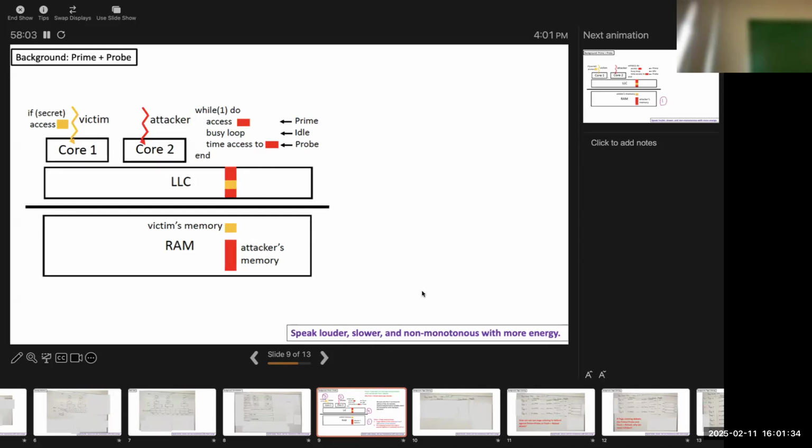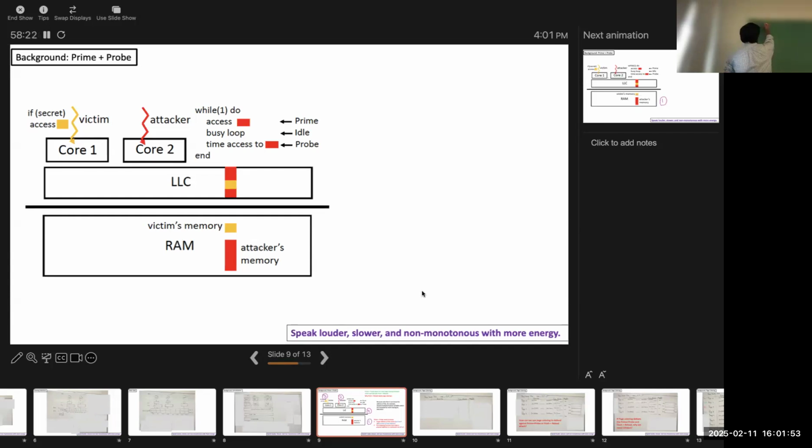But in the first step, instead of flushing, you fill the cache lines with your data. You don't flush it, okay? And how do you know which cache line to fill? So there is an assumption.